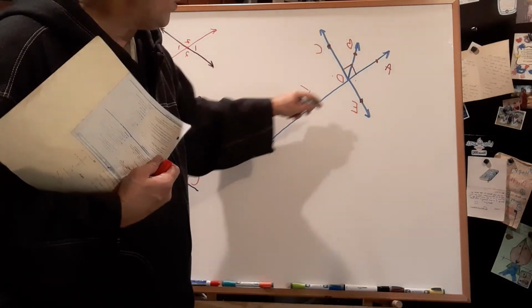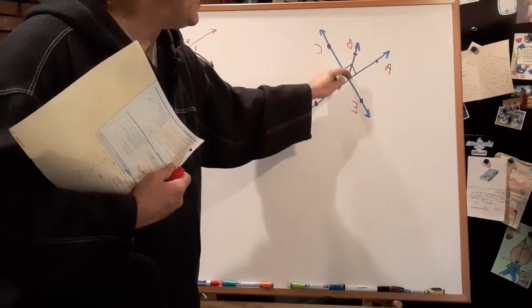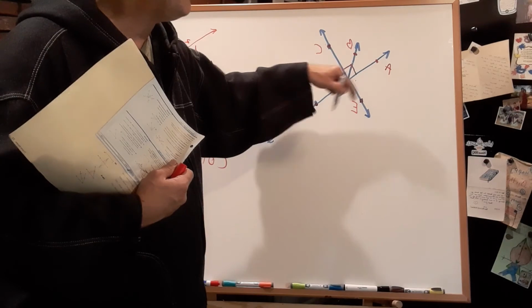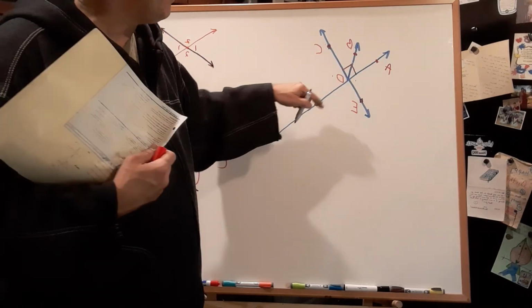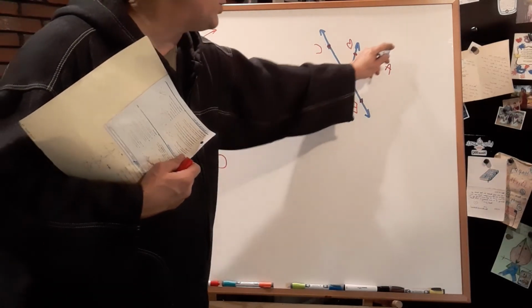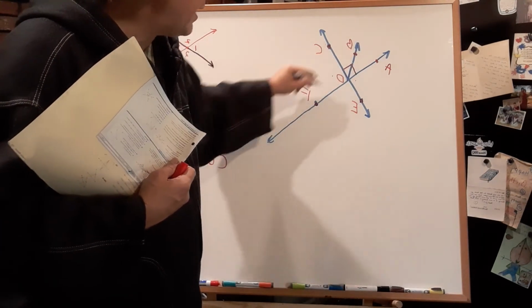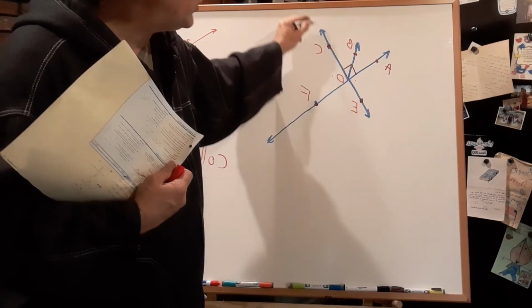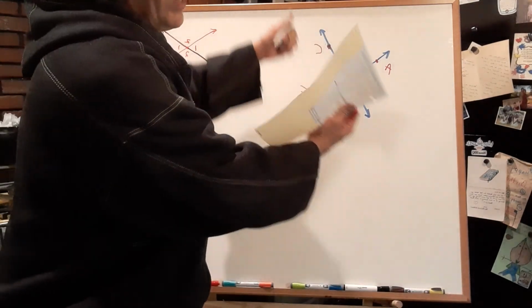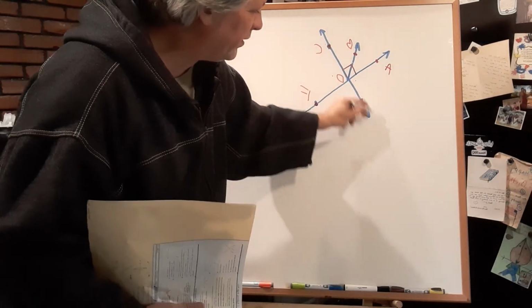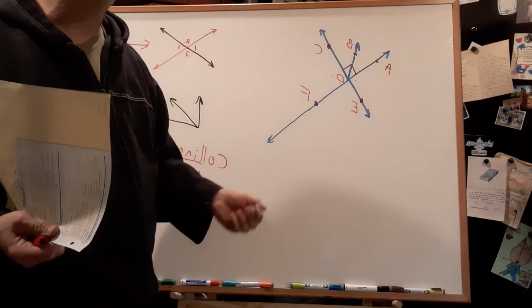Angle ADC and FDC are adjacent, and they're also linear because they're sharing this line. CDF and FDE are sharing this line, and the rays are going in opposite directions, that way and that way. So that's what a linear pair is.